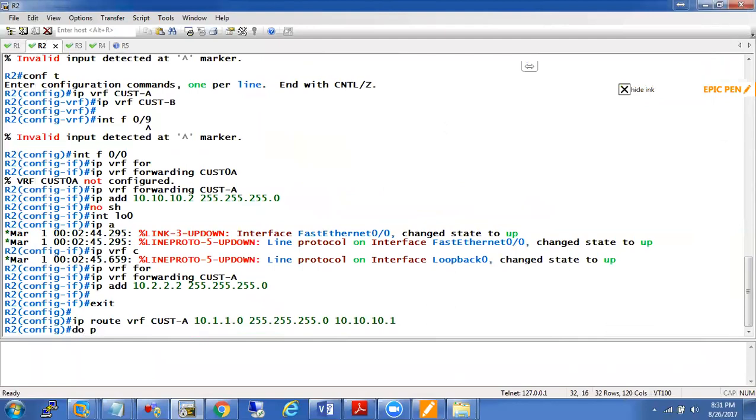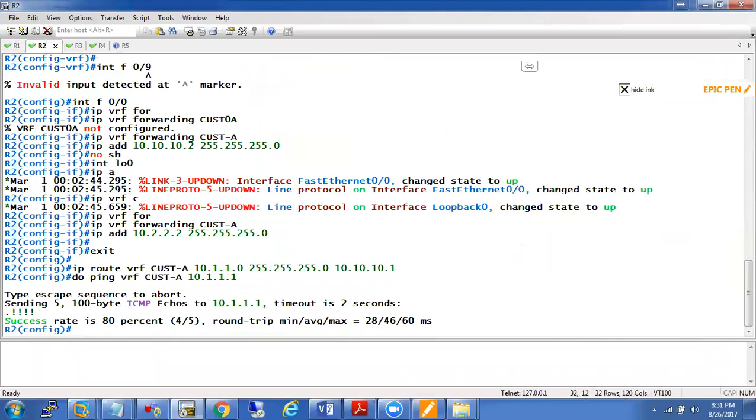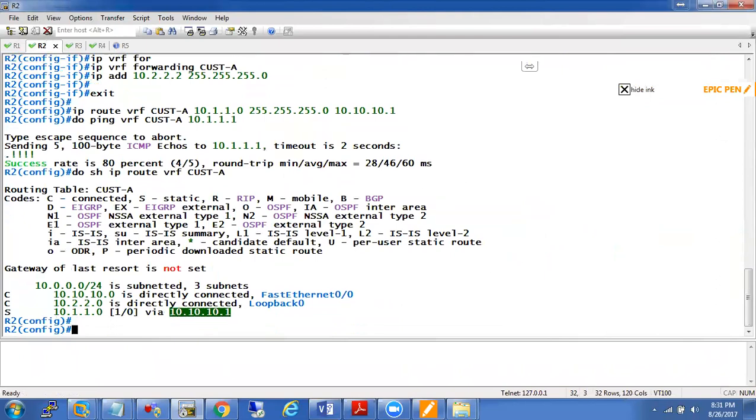So as soon as I do that now, I should be able to ping 10.1.1. If you check your routing table, I have that static route via 10.10.10.1. Good so far?